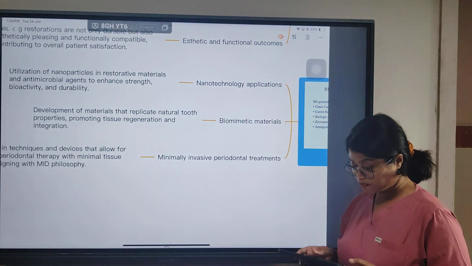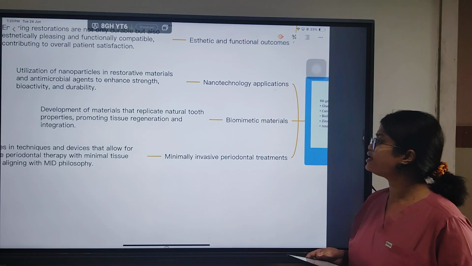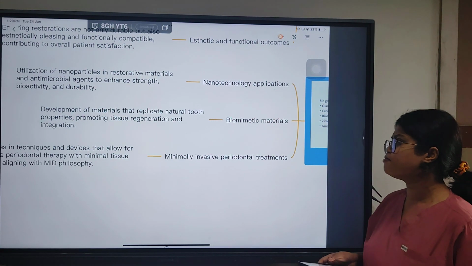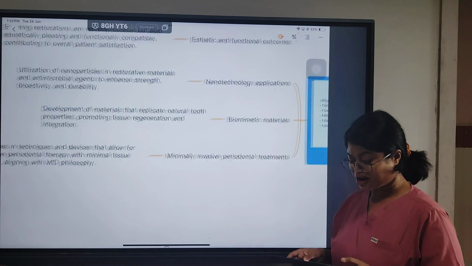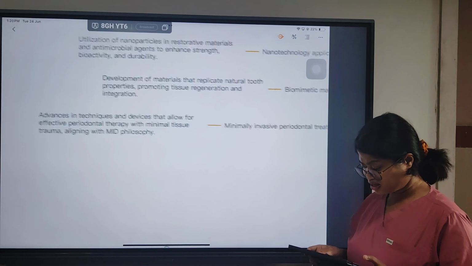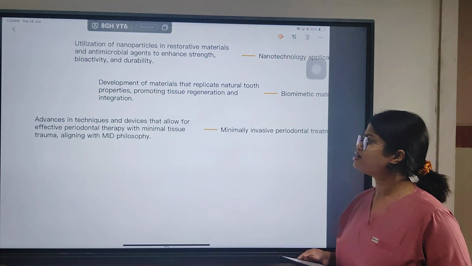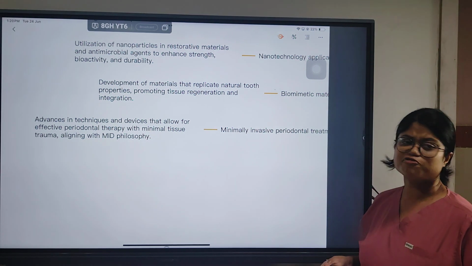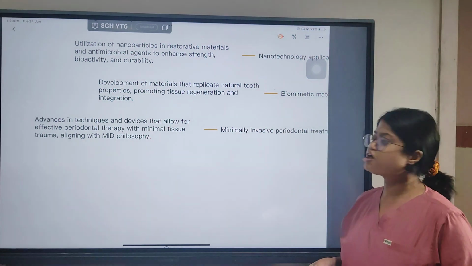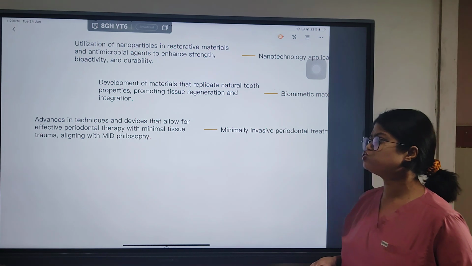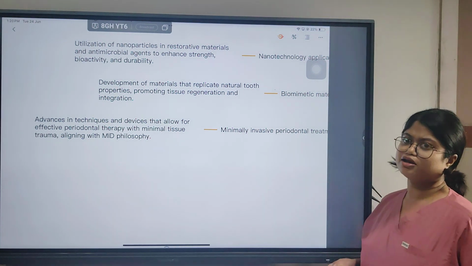Then, development of biomimetic materials that replicate natural tooth properties, promoting tissue regeneration and integration. And lastly, minimally invasive periodontal treatments: advances in techniques and devices that allow for effective periodontal therapy with integration of laser for minimal tissue trauma, aligning with the MID philosophy.